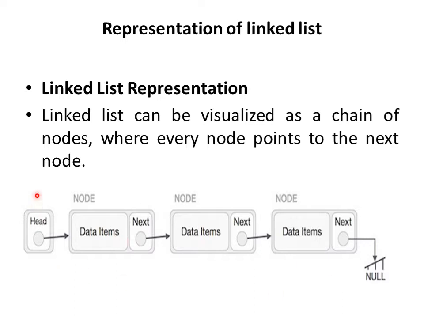This is the head, that is the engine, and these nodes are called coaches. At the last coach's backside there will be a red light. That red light is nothing but our null value. That red light indicates the end of the last coach, and here also it indicates null value. This is the end of our node.